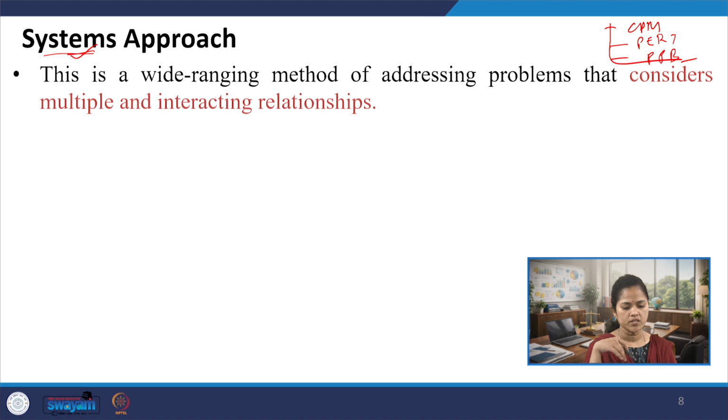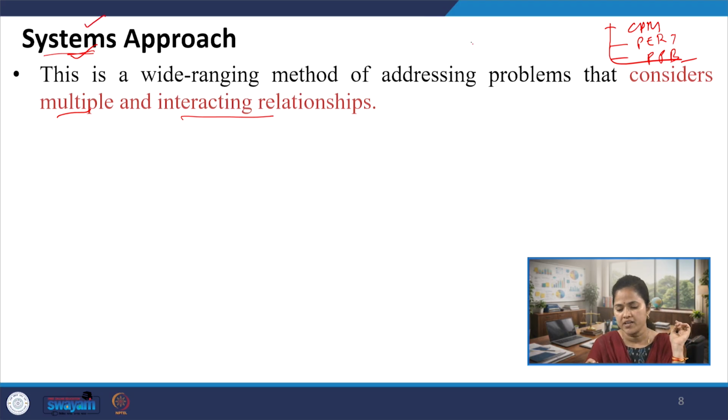Based on this understanding, we can now discuss the system approach and how it is helpful in policy monitoring. This system approach is a very popular and widely accepted method for addressing problems which consider multiple and interacting relationships. That is the reason it is a system.